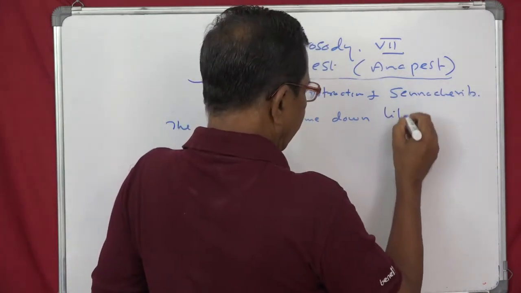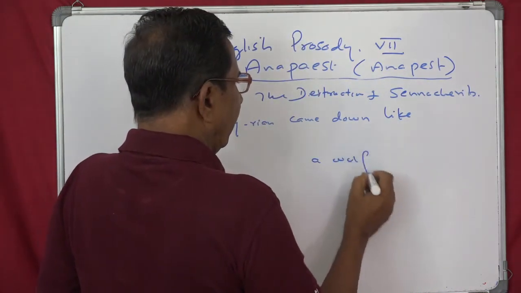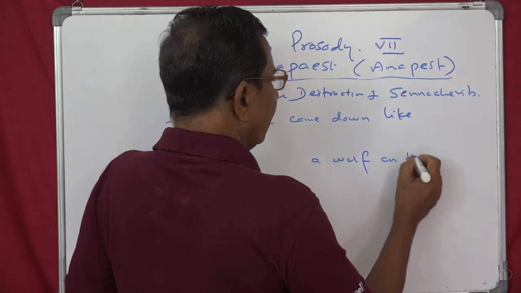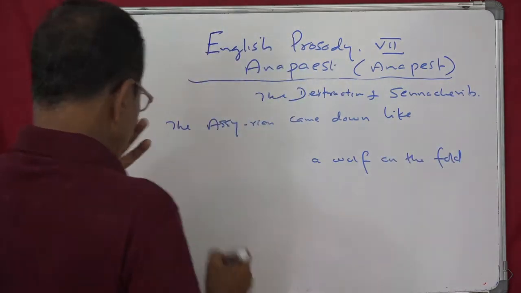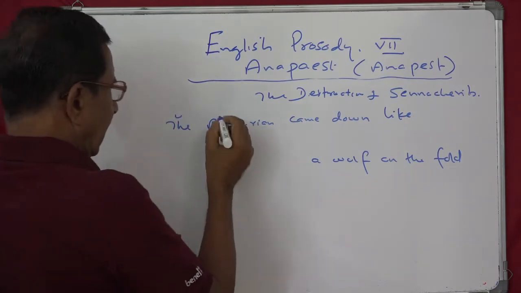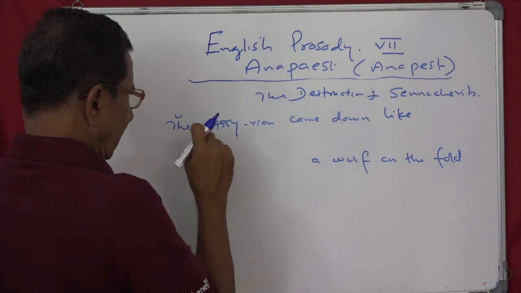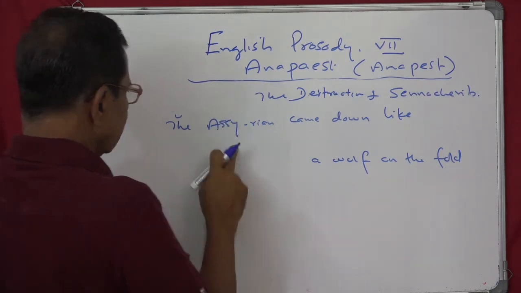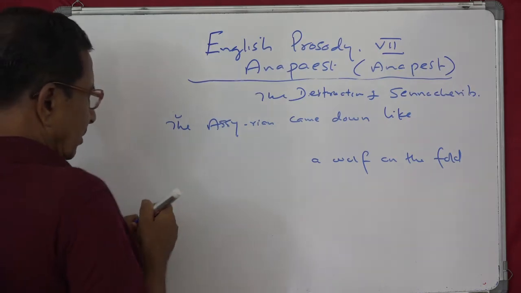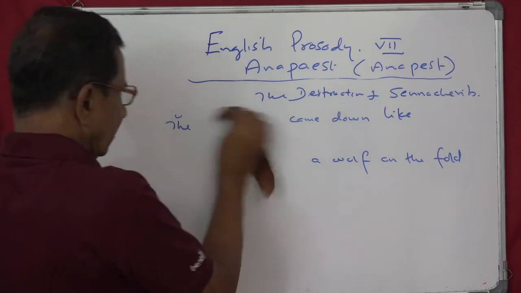Like a wolf on the fold. See that? So the division has to be, there are 3 syllables here. 3 syllables.